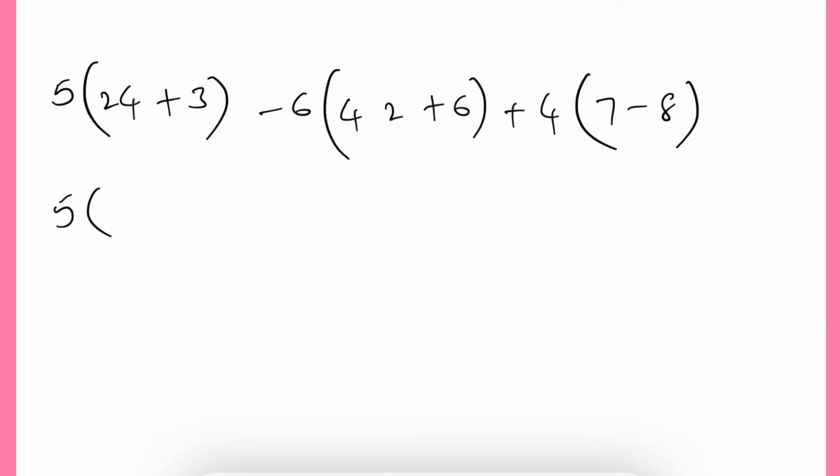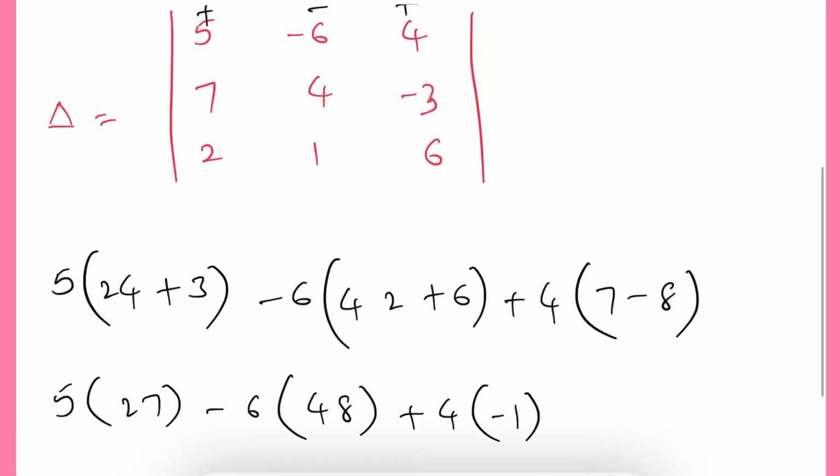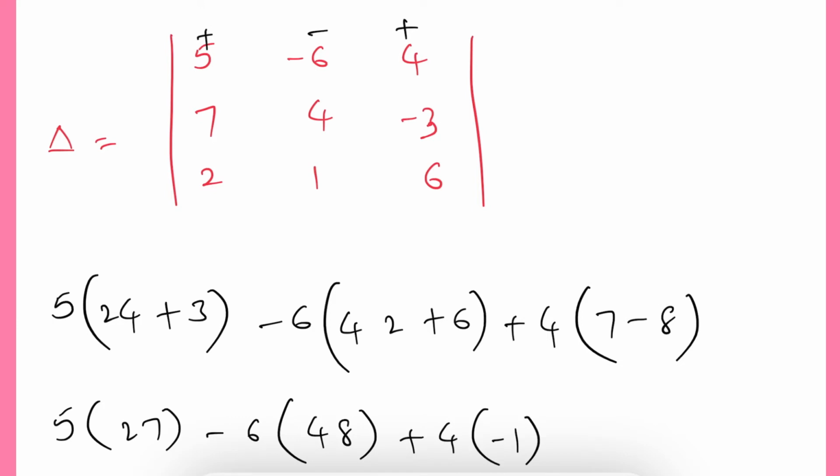5 times 24 plus 3, 27, minus 6 times 42 plus 6, 48, plus 4 times 7 minus 8, it is minus 1. Okay, now 5 times 27 is 135, minus, just a minute, this is minus 6, if you remove, 7 sixes are 42.